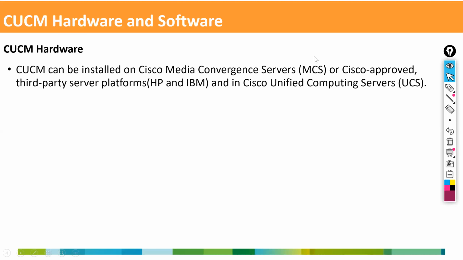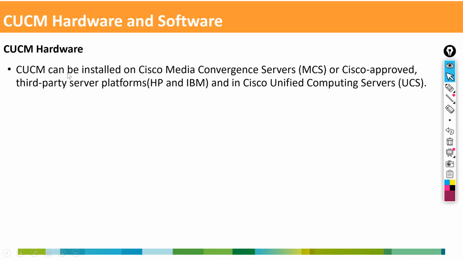CUCM hardware and software. First, we'll be discussing the hardware. Hardware means to install the CUCM, which hardware you can use. There are two types of hardware we have: one is MCS and another one is UCS. MCS, Media Convergence Server.